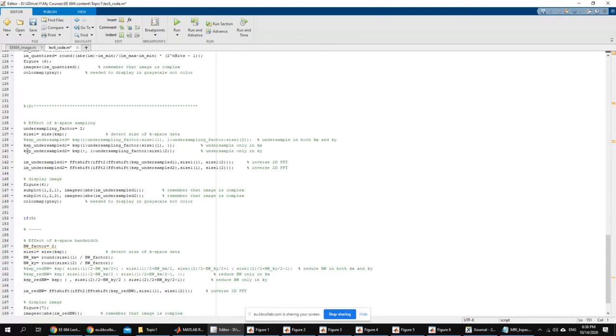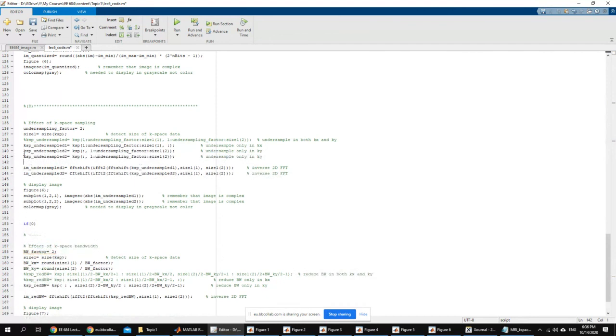Okay, I'm going to add another one here. Undersample 3, and I'm going to just copy that. So now I'm undersampling in both directions.